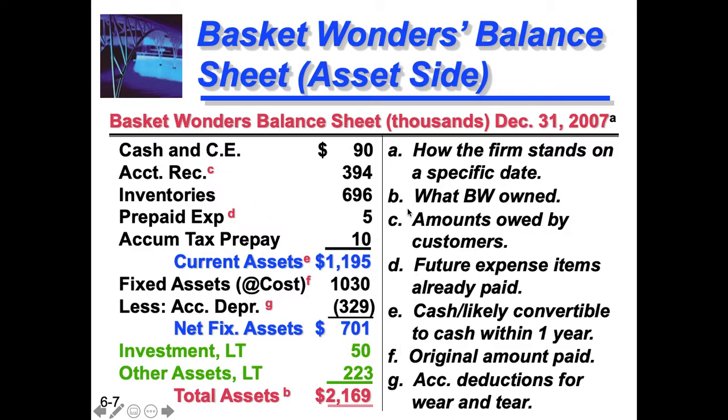BW is Basket Wonders, and so on. You can read all the information here. Total assets. For example, amounts owed by customers are called accounts receivable, and so on.